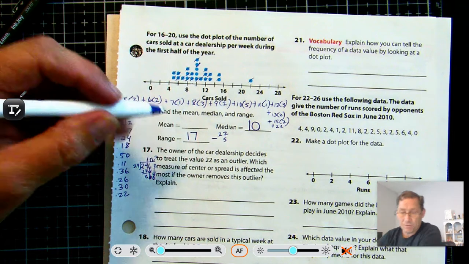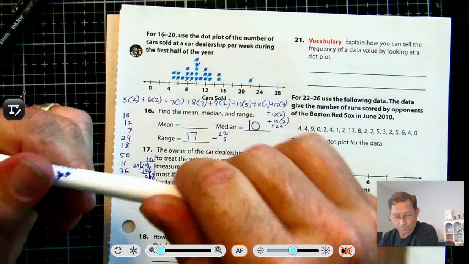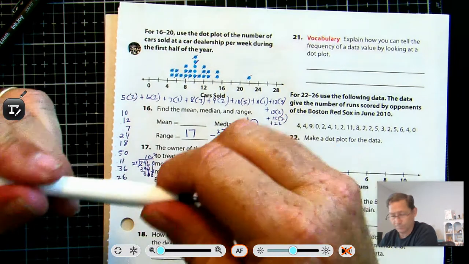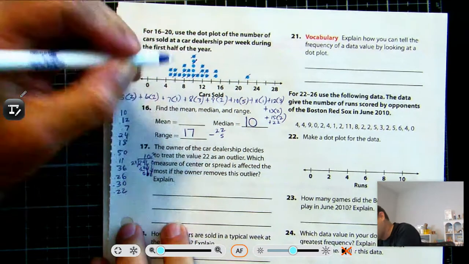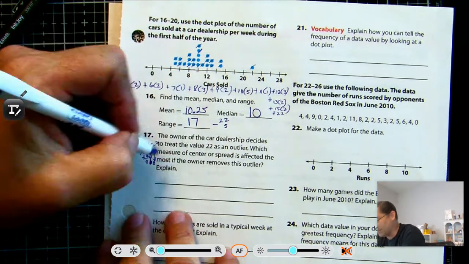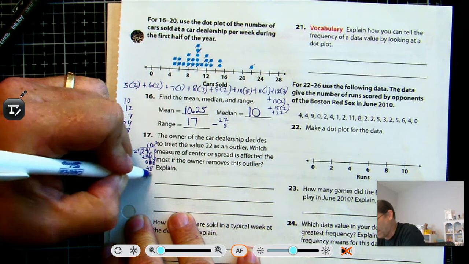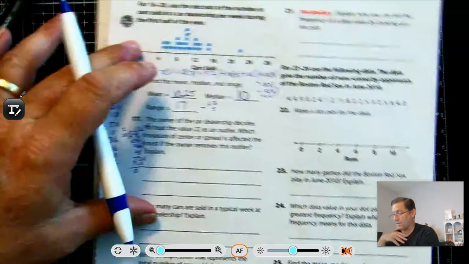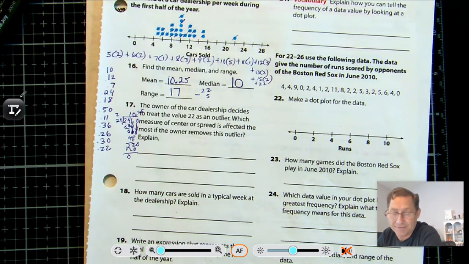So we have a mean of about 10.2. So it'd actually be 10.25 for the mean. All right, so the mean is 10 and 1/4, the median's 10, and the range is 17.